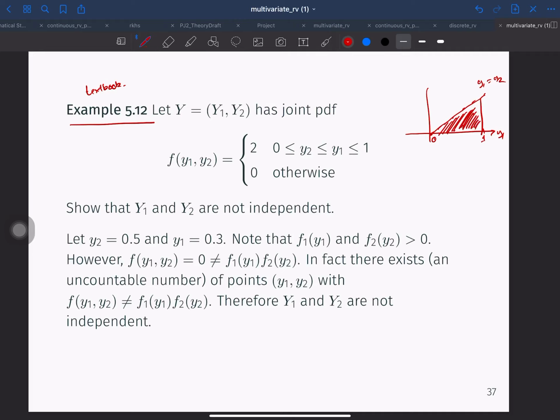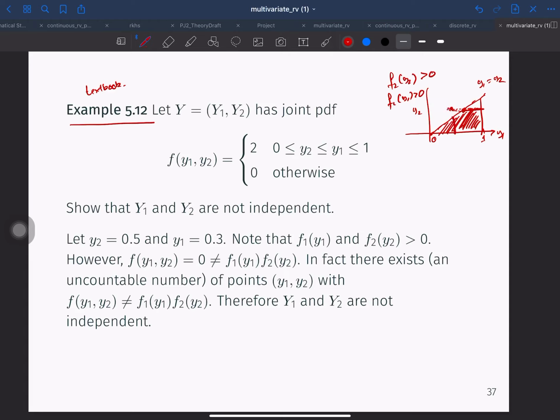Then you can easily see, suppose you take a cross section here, this point here, and you measure to the right. So this is the value of y2. You see that f2(y2) is positive because of this part here. Similarly, f1(y1) is positive because of this part here.